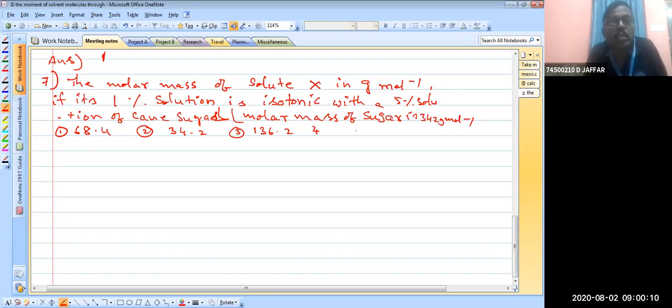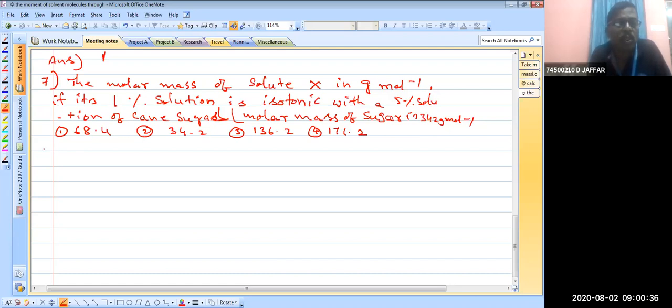What they are asking is the molar mass of solute X in gram per mole, if a 1% solution is isotonic with a 5% solution of cane sugar whose molar mass is 342 gram per mole, right? Here two solutions are given.